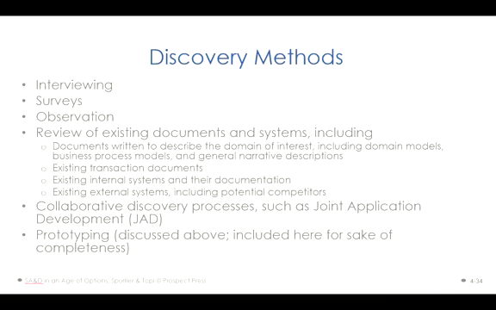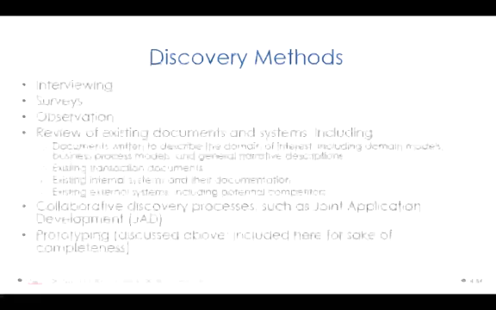And in the last part of the chapter, your textbook talks about the methods by which you can discover this type of user story. These are through a set of different processes. Interviews, surveys, and observations are the typical methods.